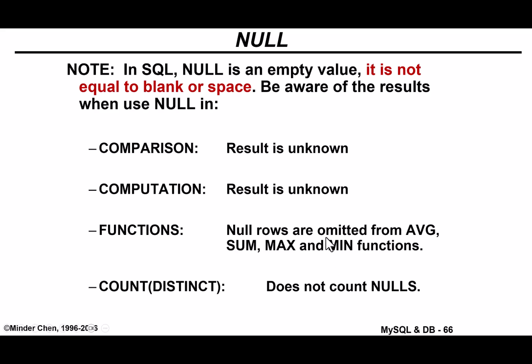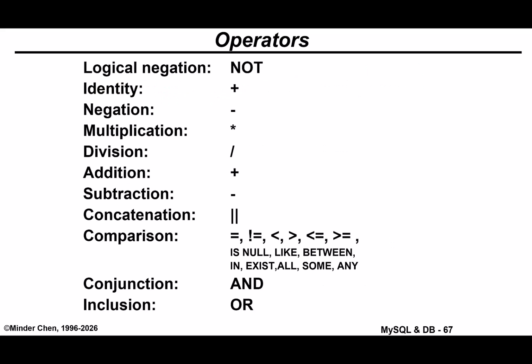For instance, in the aggregate function, which we will talk about, when you have a null value, we ignore those rows when we apply the aggregate function. Okay, and we do not count null values for a certain column in the count aggregate function. There's math operations, logical comparison, logical expressions, etc. that we can use in SQL.